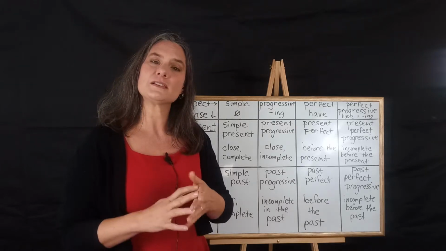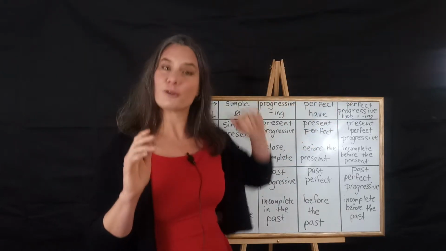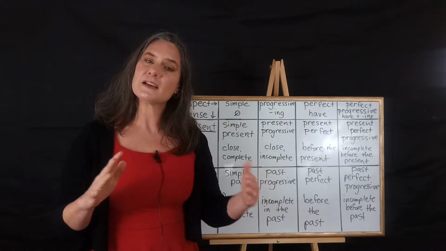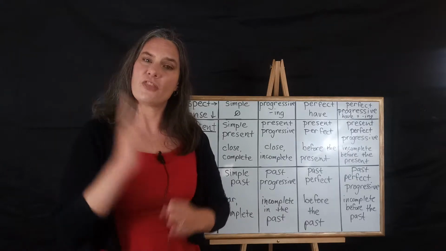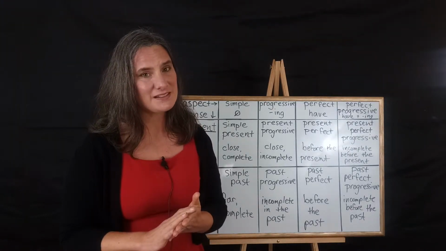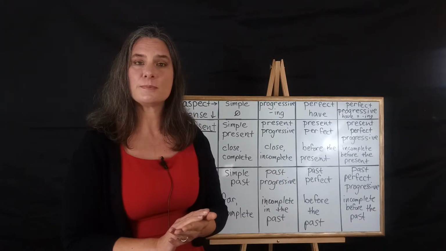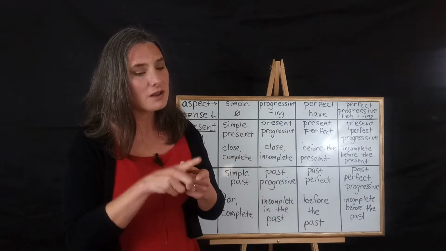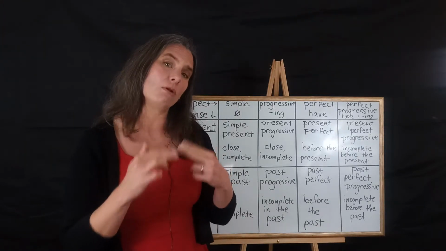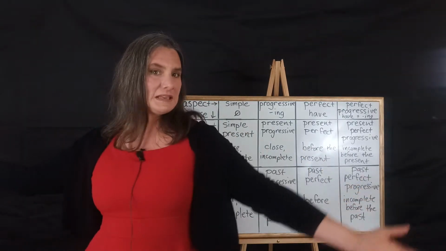So a present perfect progressive verb is incomplete before the present. And a past perfect progressive verb is incomplete before something in the past. Okay, so it's kind of a double past because it's before the past, but also incomplete.